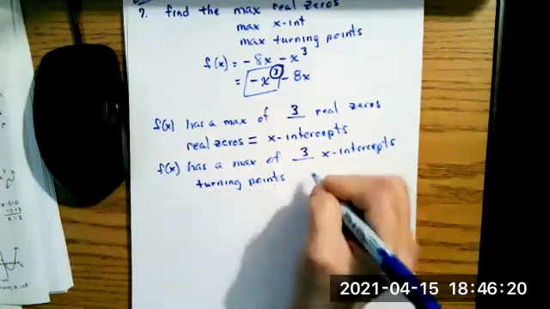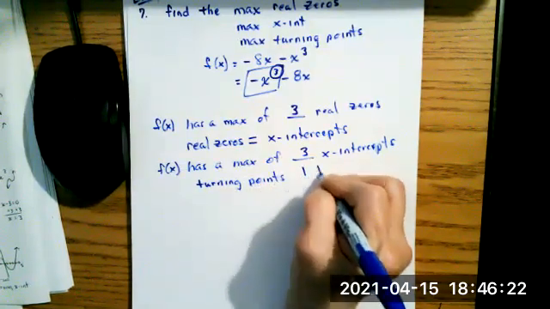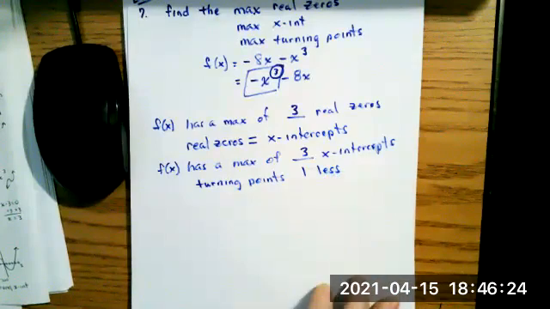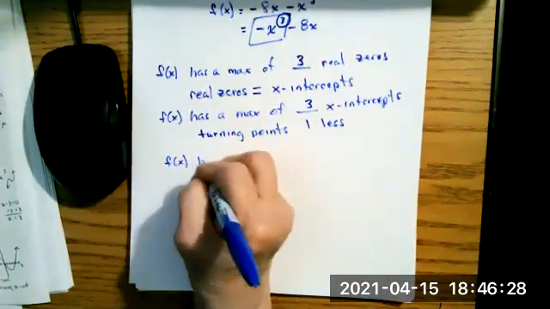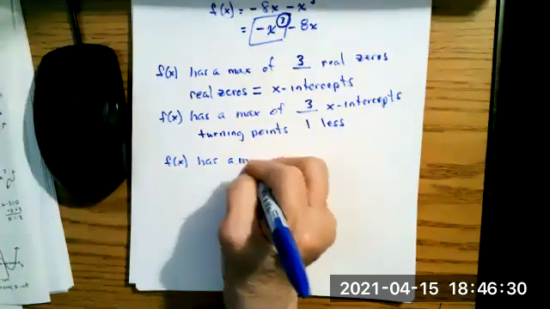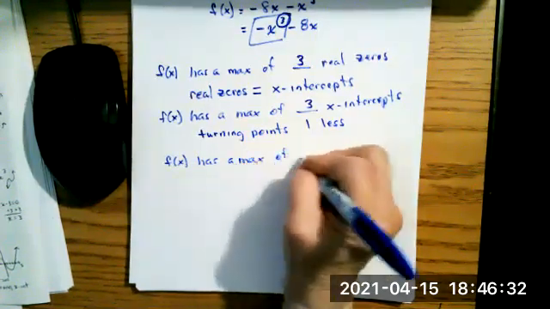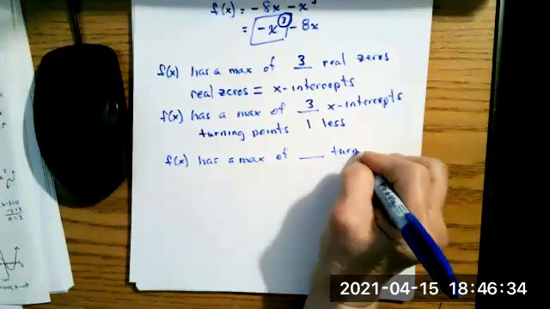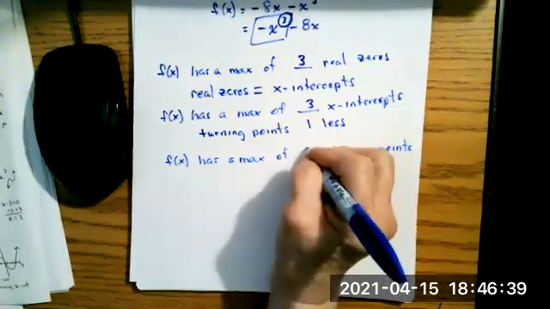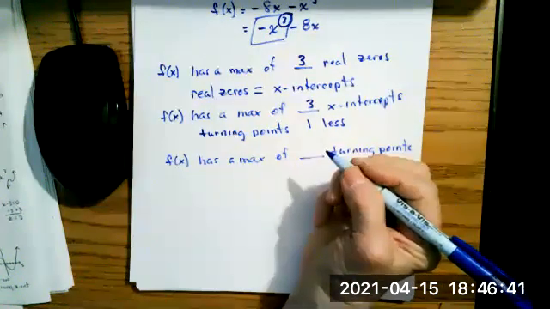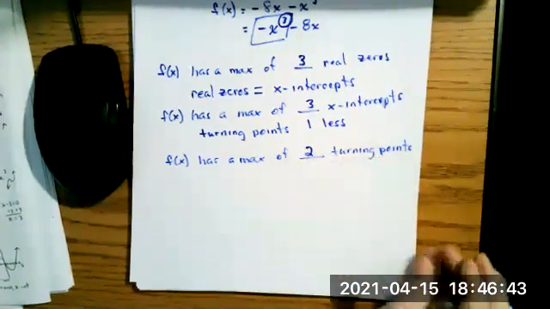They're one less. So f of x has a maximum of blank turning points. How many would you put there? 2.